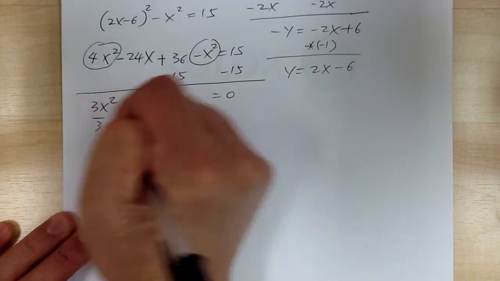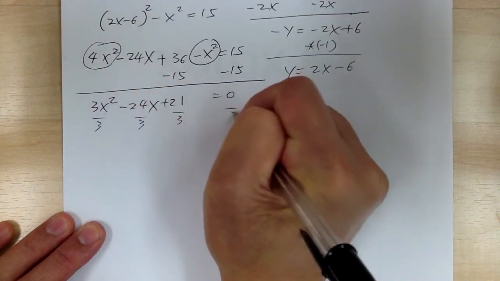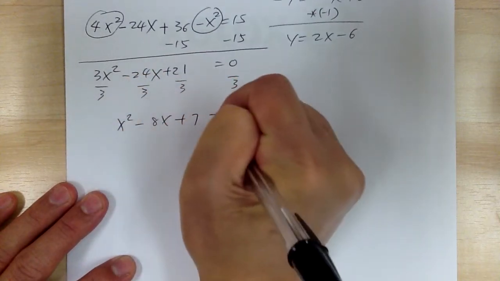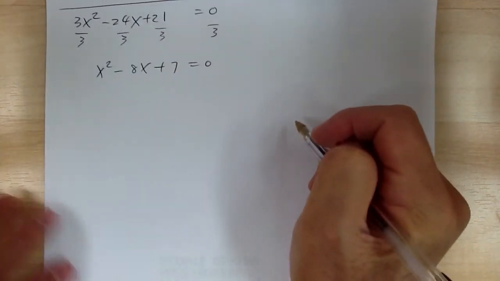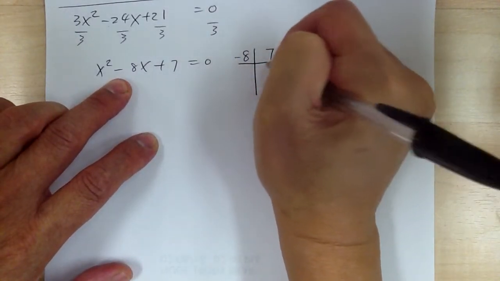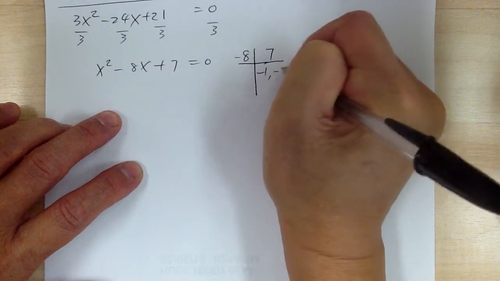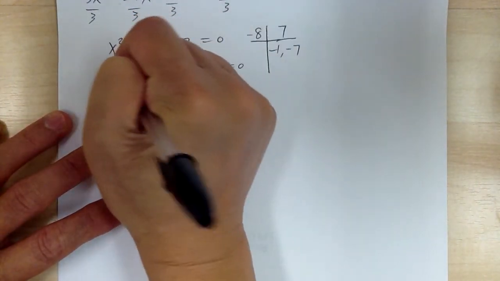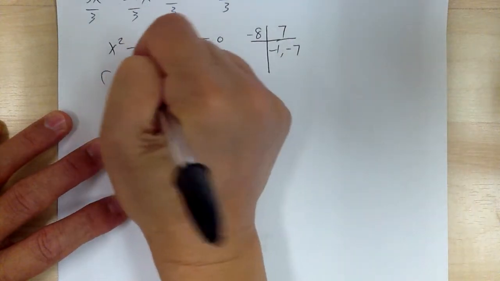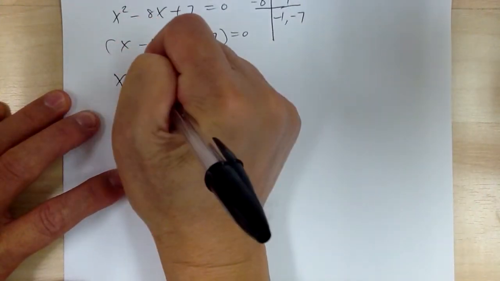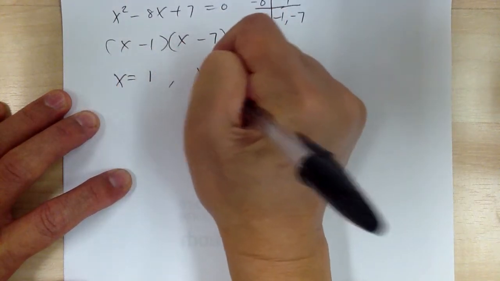So I get x squared minus 8x plus 7 equal to 0. I'm going to use my master product: negative 8 and 7, so I get negative 1 and negative 7. From here, I get x equals 1 or x equals 7.